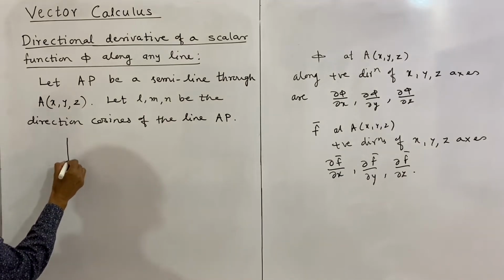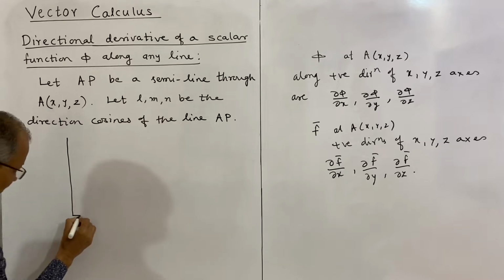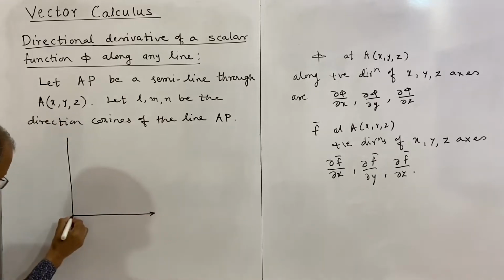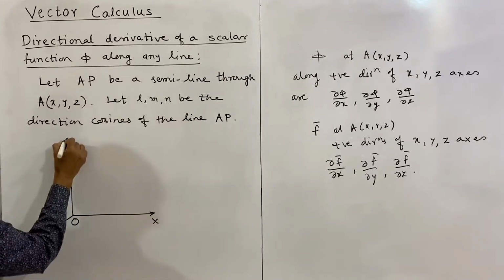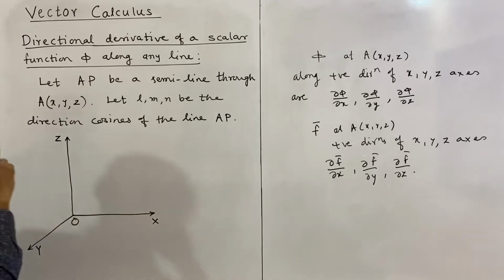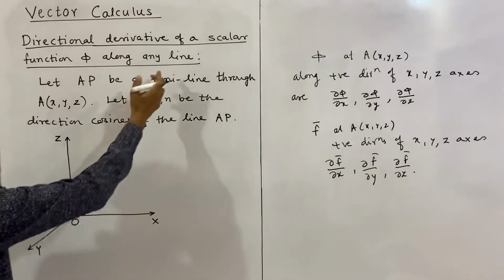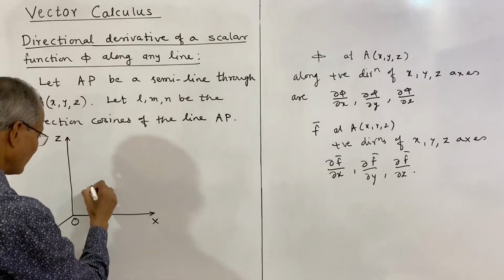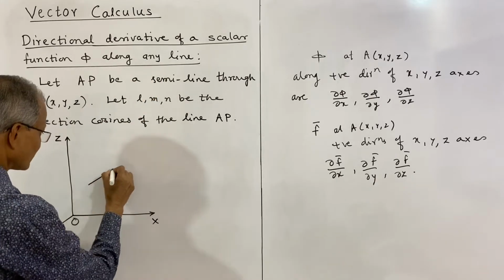We shall draw the figure. Suppose these are the coordinate axes x, y, z. Earlier we considered a line parallel to the positive direction of the x axis, but here this is any line, so it may not be parallel to the x axis or any axis.